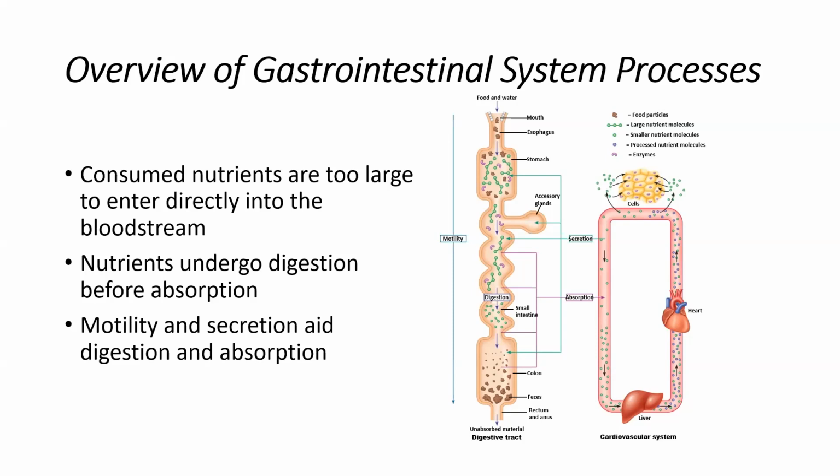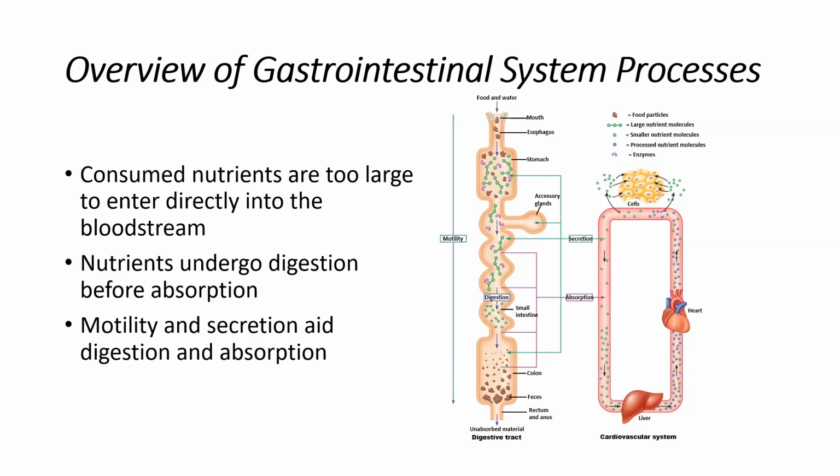So when we eat a piece of bread or pasta or a fruit, apple, orange, banana, and we bring it into the GI system, into the stomach specifically, through the esophagus into the stomach, it's really only been masticated or chewed, right? So it's going to be in big pieces, but we need to get those to smaller pieces, or we need to get those macronutrients down to micronutrients in order for them to be absorbed into the GI tract.